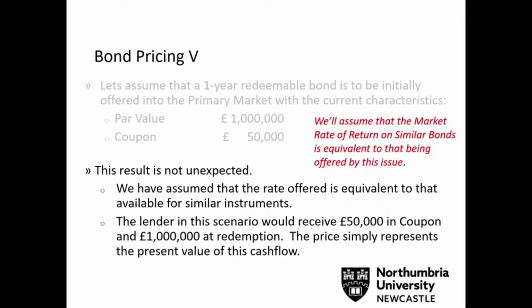And this is not surprising, because the discount rate we applied and the coupon rate at 5% were equal to one another. Therefore, when we discounted the cash flow for a year's time by the same rate, that's why the bond price today is the same as the par value.